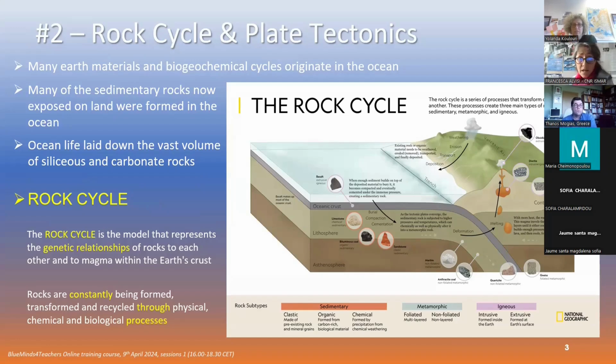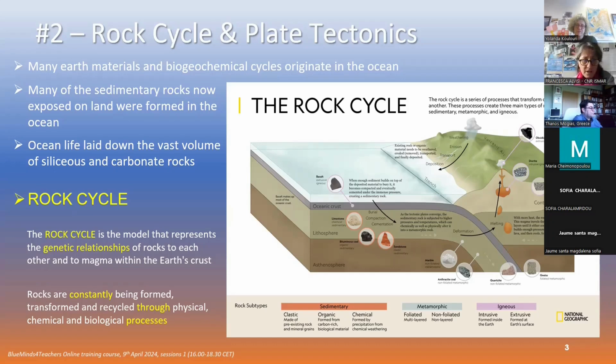So the rock cycle will let the pupils understand the linkages between the continental crust and the ocean crust and sediments, and also what are some of the most common rocks that we can find on land.